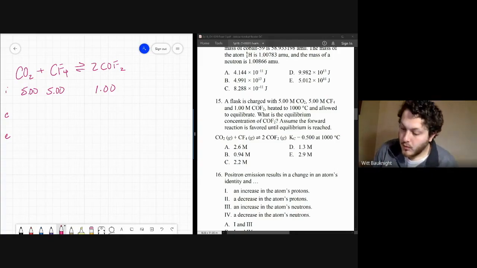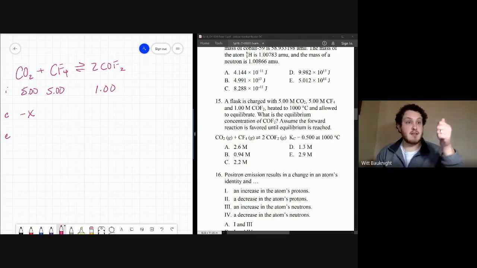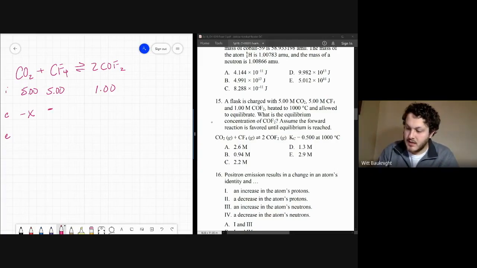So we don't know how much is changing, but since CO2 is a reactant, it's negative, and the stoichiometric coefficient is 1. So it's negative X. Same thing for CF4. Now, COF2 is a product, so it's plus, and then look at the stoichiometric coefficient.